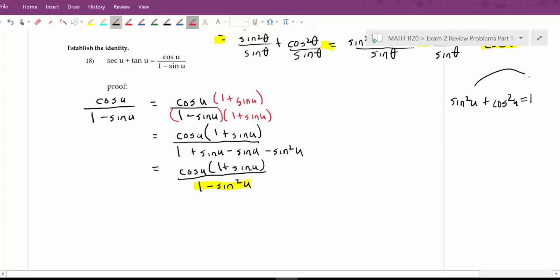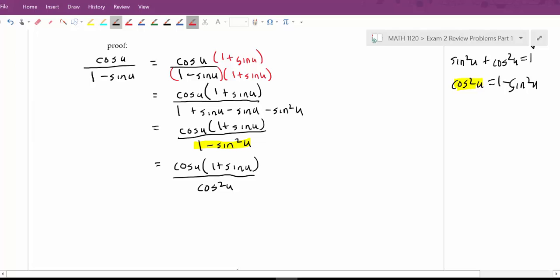So if I moved that sine over there, I'd have cosine squared u equals 1 minus sine squared u. So that means this thing can be replaced with this thing. So I would get cosine of u times 1 plus sine of u. Then I'm going to replace this with cosine squared of u. Okay? And then we'll have to see if anything comes out of this, basically.